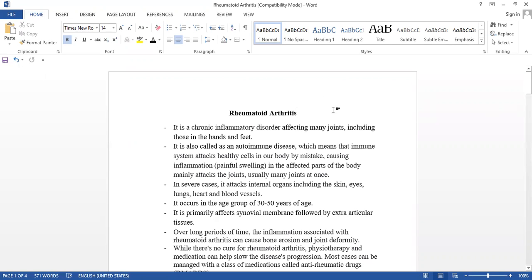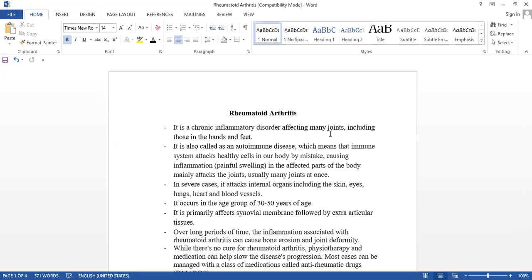Now see here. This is a disease of bones, which comes under the bones and joints diseases. One of these is rheumatoid arthritis. It is a chronic inflammatory disorder affecting many joints, including those in the hands and feet primarily.